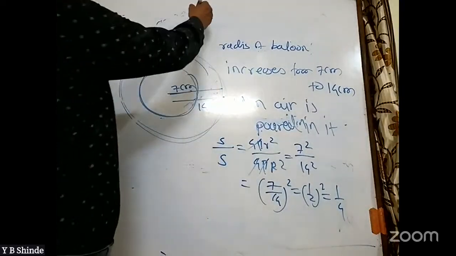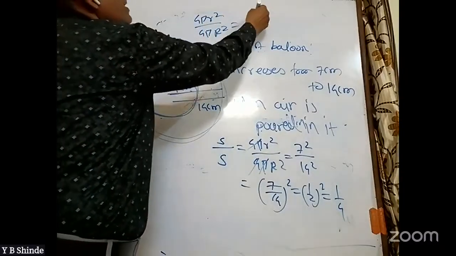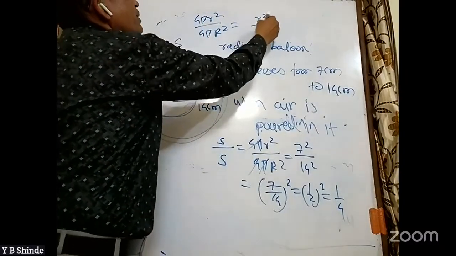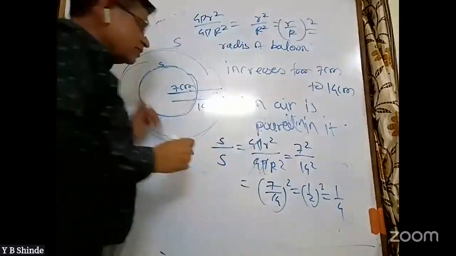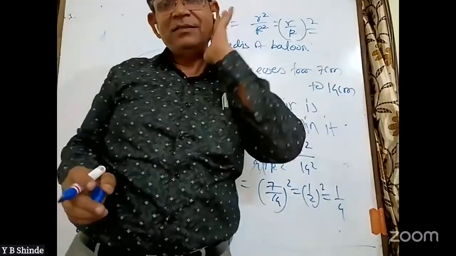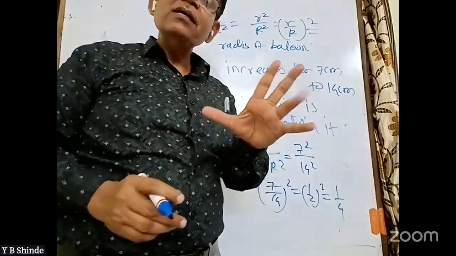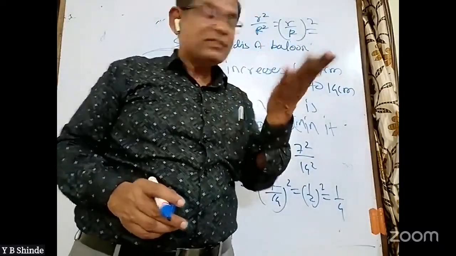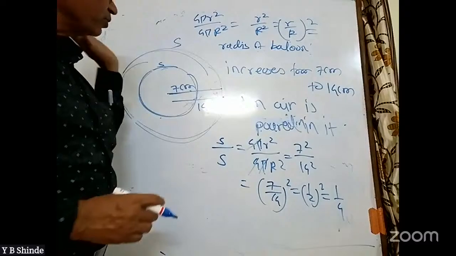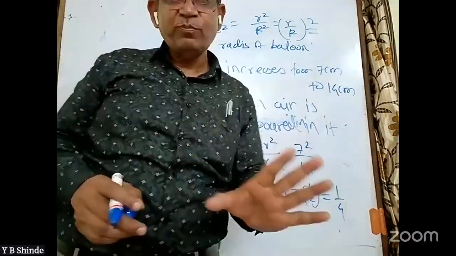Keep in mind, 4 pi small r square upon 4 pi capital R square will be small r square upon capital R square, that is small r upon capital R bracket square. It is always the square of the ratio of their radii. For volume, it is the cube of the ratio of their radii. Remember this, nothing else is needed. 1 by 2 square is 1 by 4 is the ratio, or 4 is to 1.